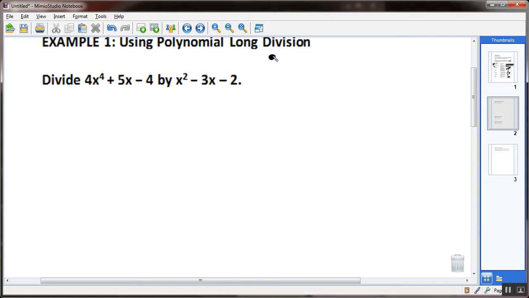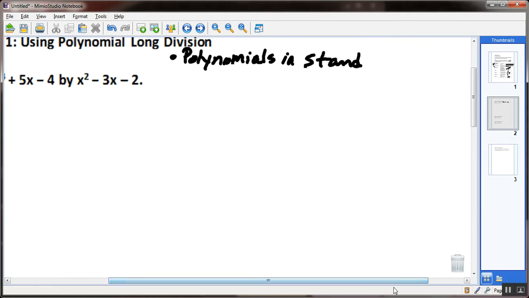First of all, your polynomials need to be in standard form. You want your polynomials in standard form. That's the first thing.